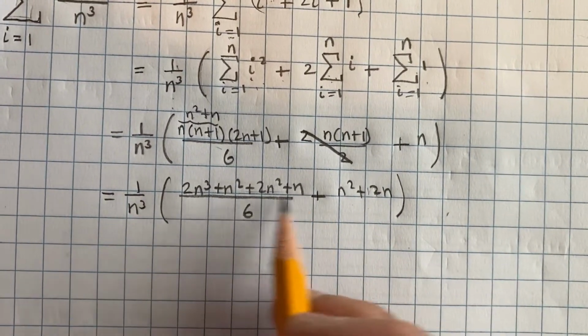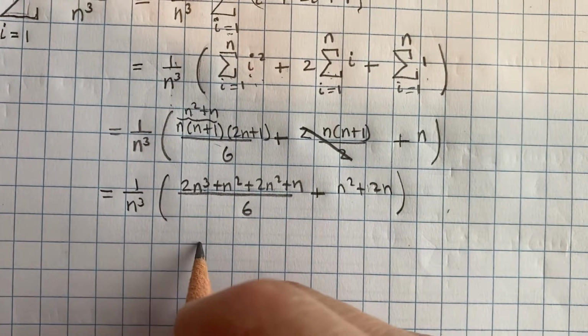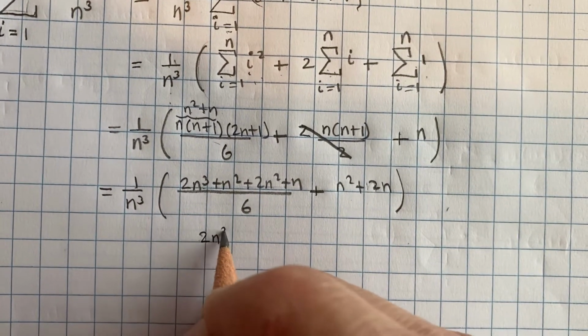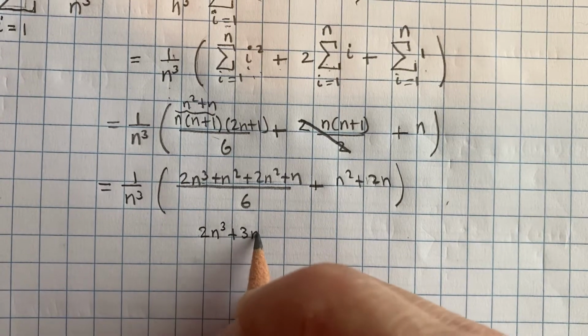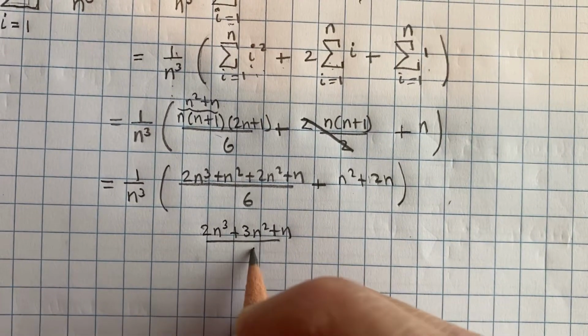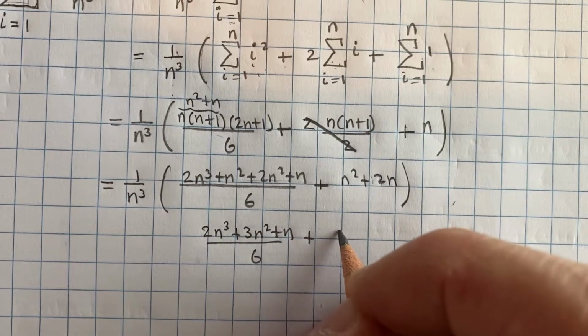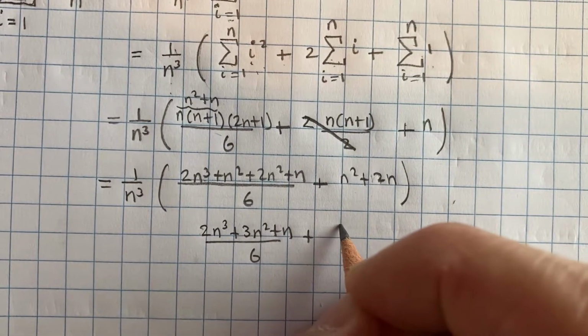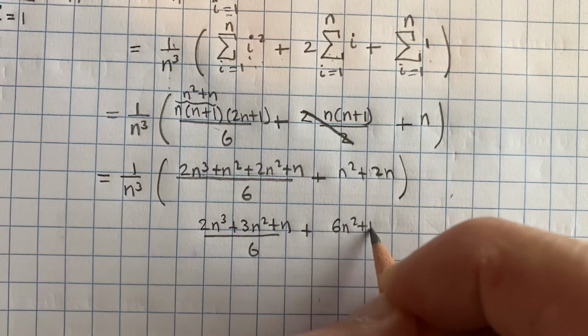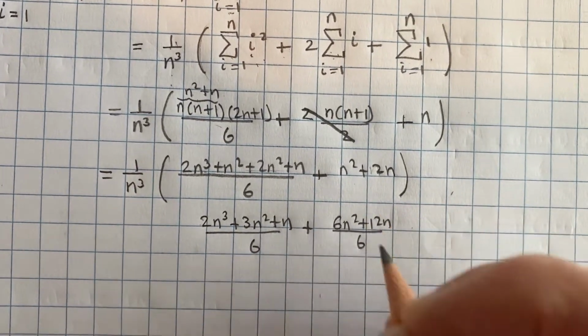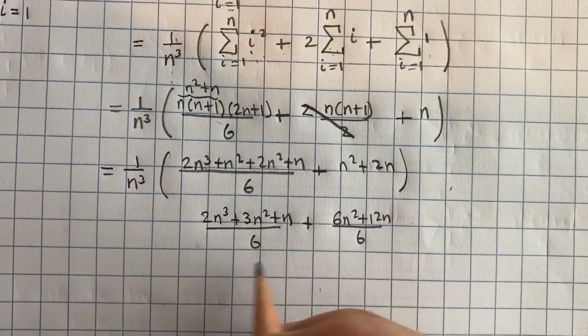Okay, so let's combine some like terms over here in my numerator. I'm going to get 2n cubed plus 3n squared plus n over 6. And this guy, multiply top and bottom by 6 over 6. So I'm going to get 6n squared plus 12n over 6. Okay, all right, so you can combine like terms over here in the numerator.